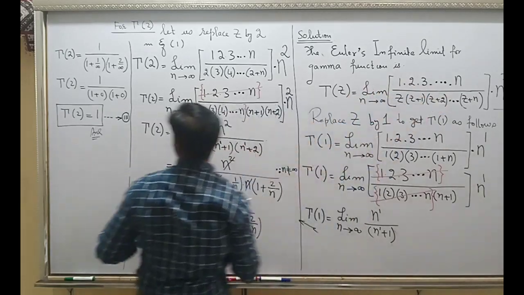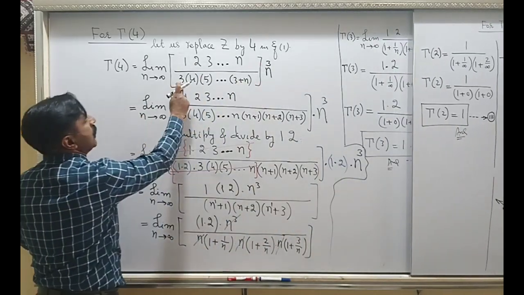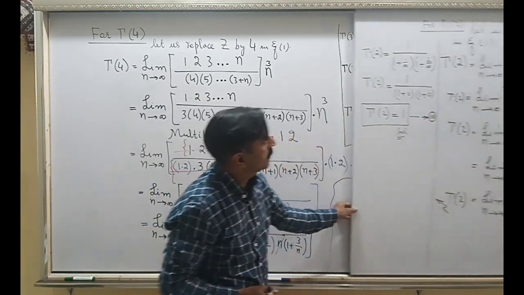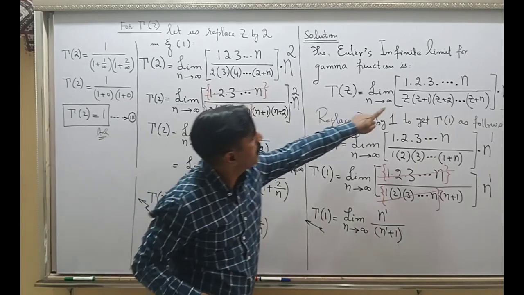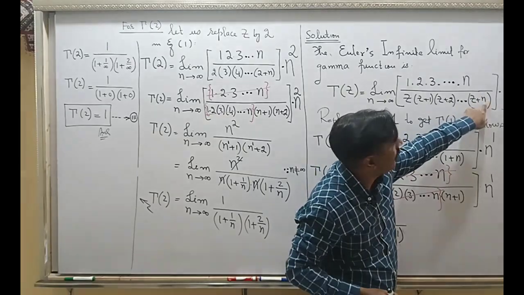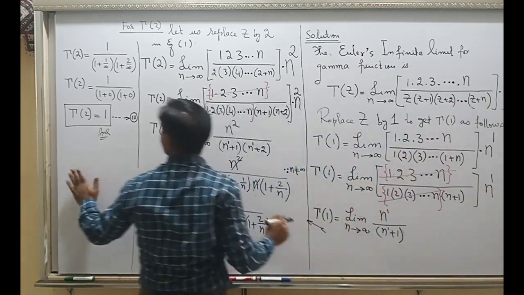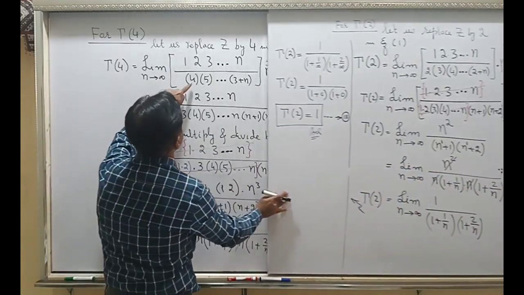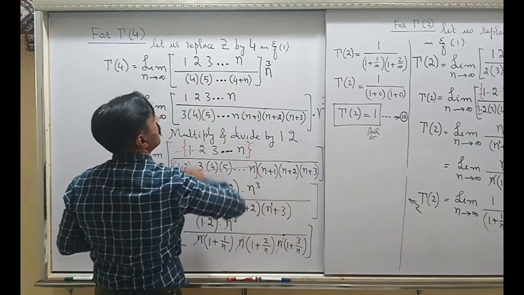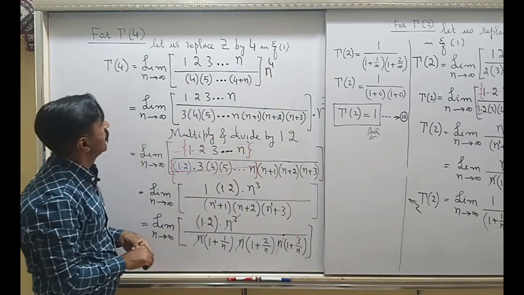So upside will be the same, and in the downside your number will start from 4 because you are replacing z by 4: 4 into 5 into 6 and so on up to 4 plus n. And n to the power z, and z is 4, so 4 here.